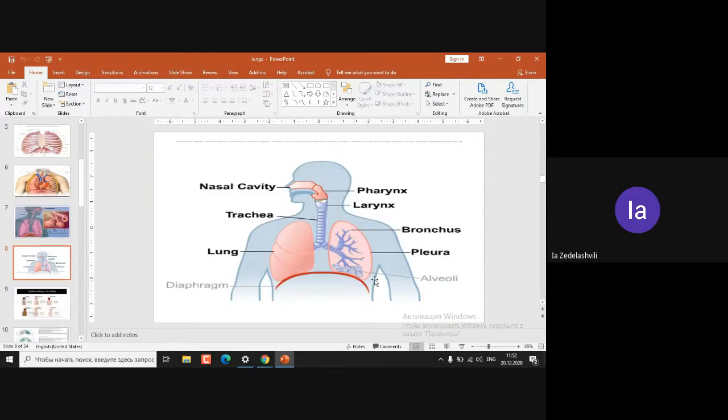Understand? So this is once again a picture of our respiratory system. But when I speak about the diaphragm, I say that the contraction of this muscle takes the diaphragm down, and the lungs follow the diaphragm. How does it happen? Around each lung, we have the pleura, the specific tissue which covers the lung and protects it from infection and trauma as well.